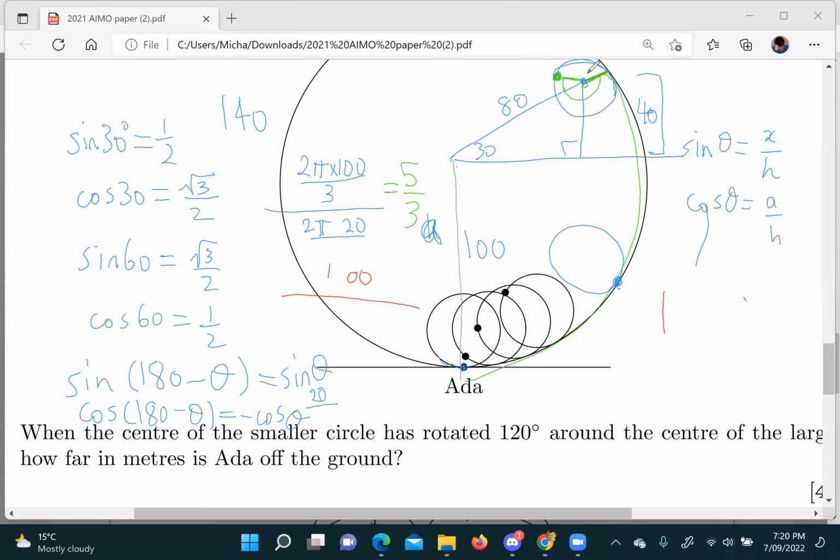Because it's 240 degrees, 360 minus 240 equals 120, minus 90 again is 30.